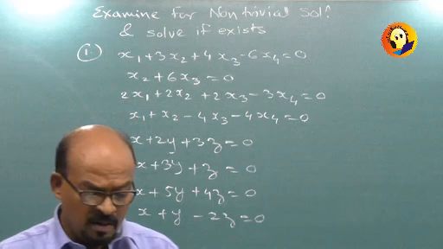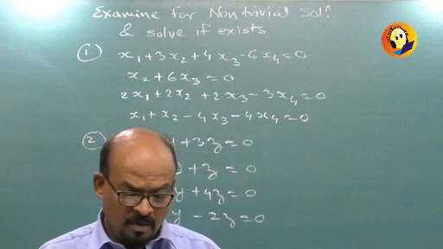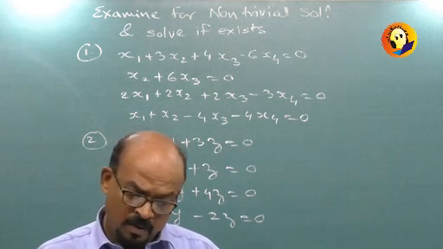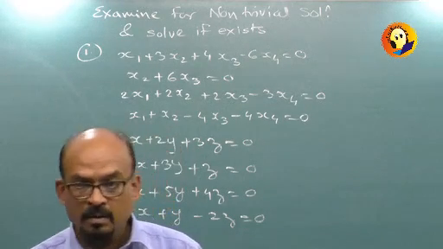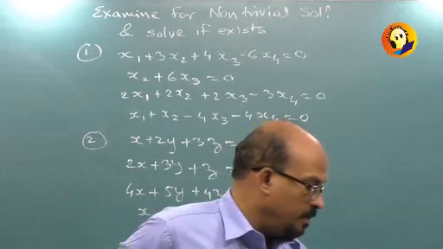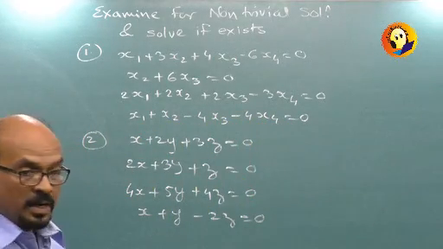Please tell me again: x4 is t, x3 is minus t by 2, x2 is 3t, x1 is minus t. Correct. Right. Fine. And what about the second one?